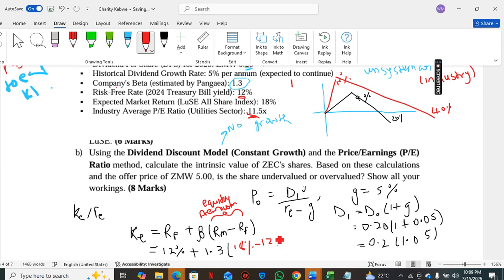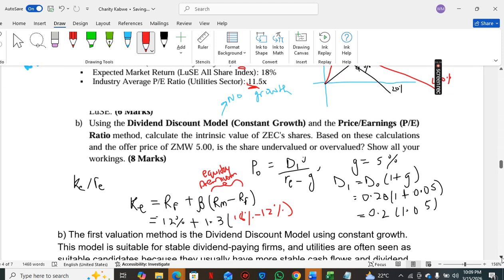Just on the formula, KE equals RF, then beta, then RM, return on market. Expected market return is the RM.